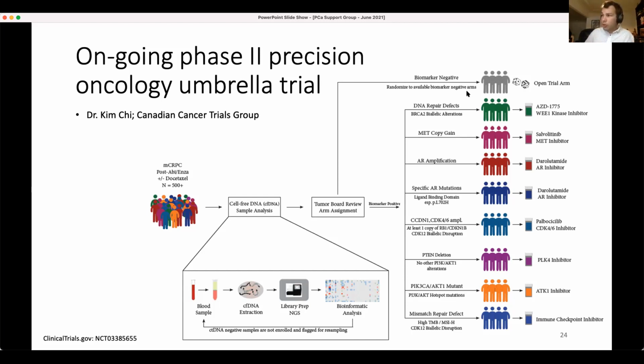And for many of these different biomarkers, they seem to be present over the course of a patient's disease. So this is actually really quite fortunate, because it means if for technical reasons the ctDNA test is uninformative, we can actually reflex or go back and look at their tissue biopsy data as a backup, just in case the ctDNA test doesn't work.